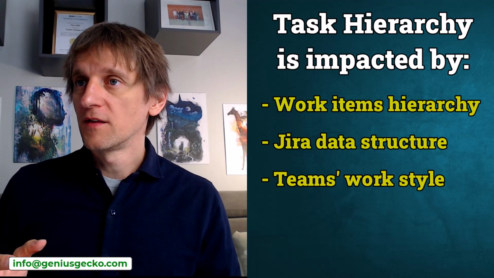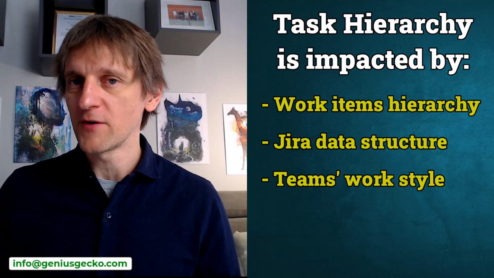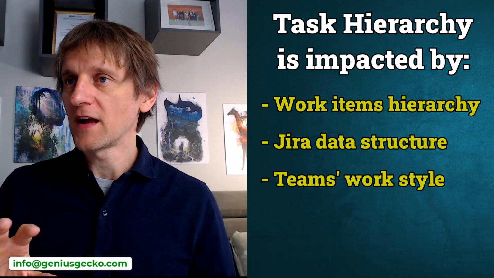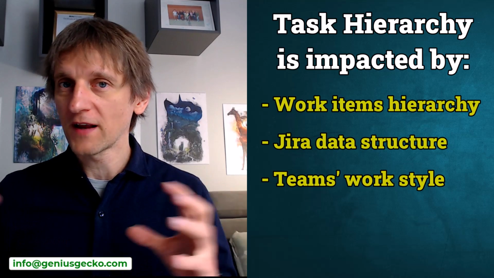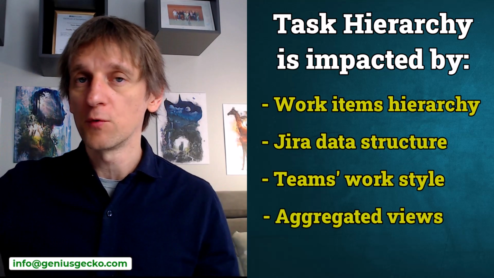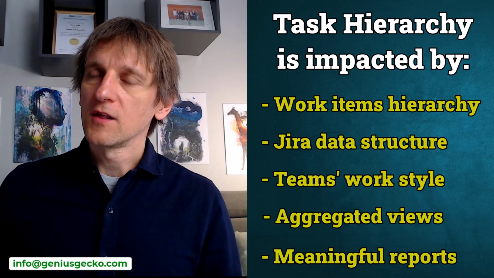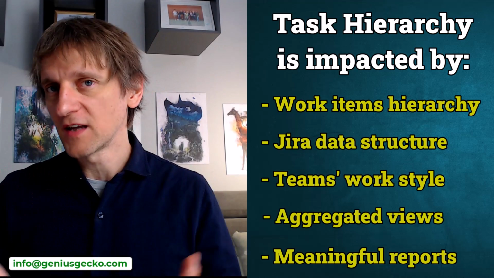So the challenge is to figure out what will work best in different areas of the company, but also make it smart enough so that it's connectable when you want to, for example, connect those elements and create a portfolio view or a program view when you want to have meaningful reports. So lots of different variables go into this equation, and that's why I can't give you a straightforward answer to this.